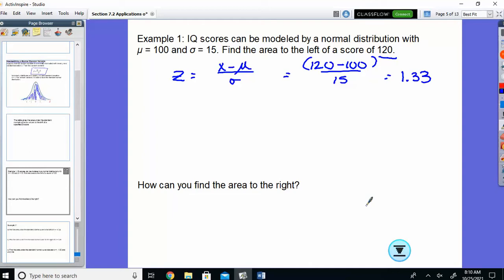The reason I had to go 2 decimal places, normally we go to 4 with everything, but if you're looking on here, this table only has 2 decimal places for the z, so that's all we really need. Now, haven't we found z-scores before? Does this look familiar? Remember way back in chapter 3, we found z-scores.